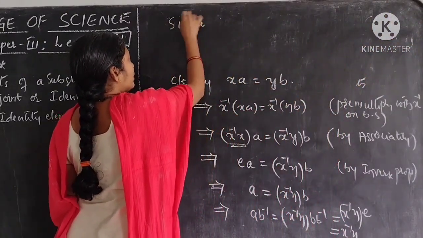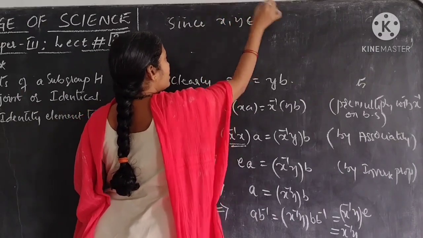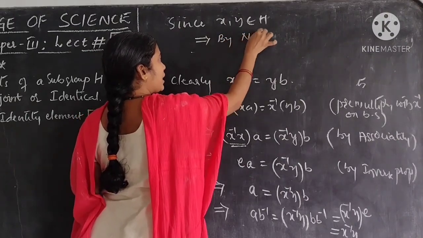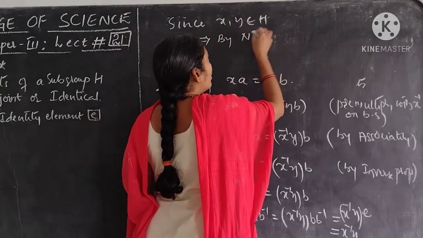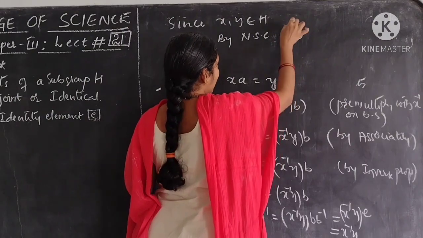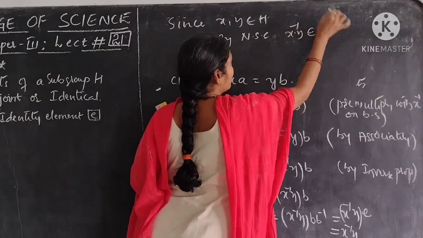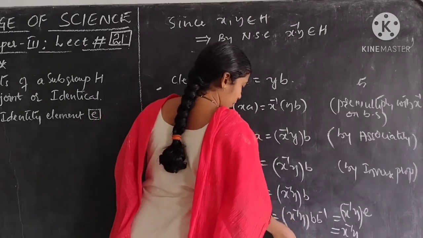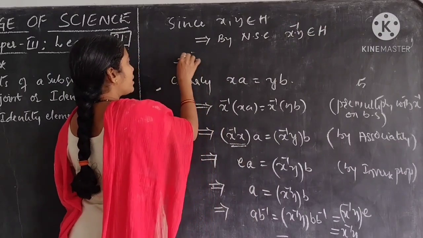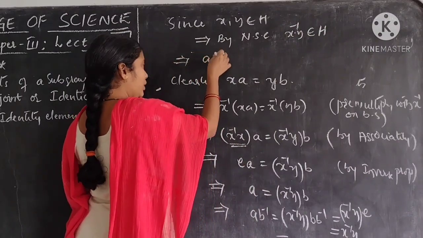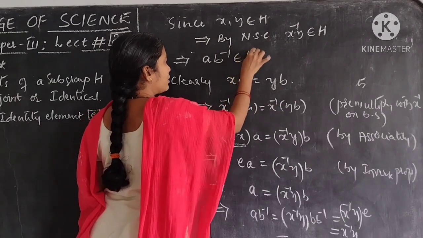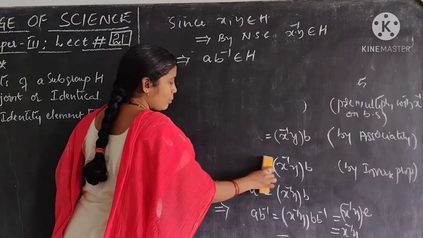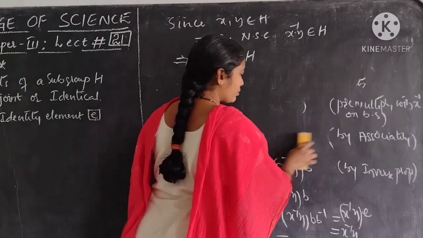Since x, y are subgroup elements, by the necessary and sufficient condition of subgroups, x dot y inverse, or x inverse y, is an element of the subgroup. So, from this left hand side value, A dot B inverse is now in our subgroup. The composite element A dot B inverse is an element of the subgroup.